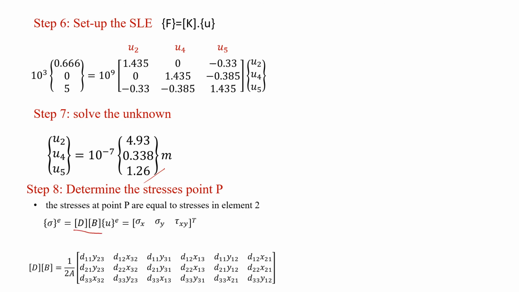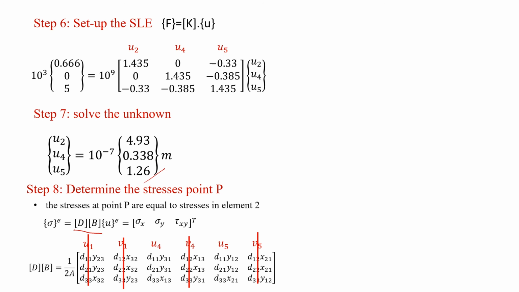as shown here. To simplify our calculation, we can apply the boundary conditions, as we know that in element 2, the value U1 is equal to 0, V1 is equal to 0, V5 is equal to 0, as well as V4 is equal to 0.